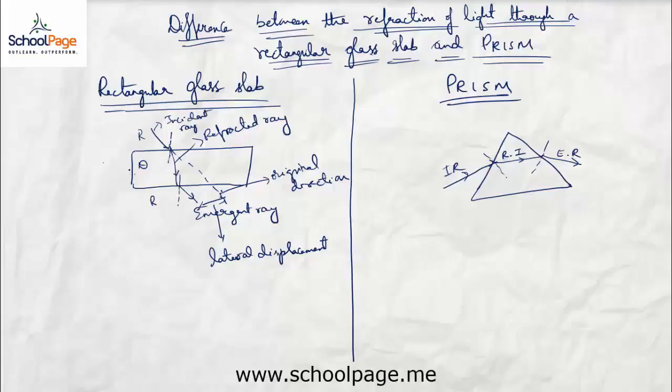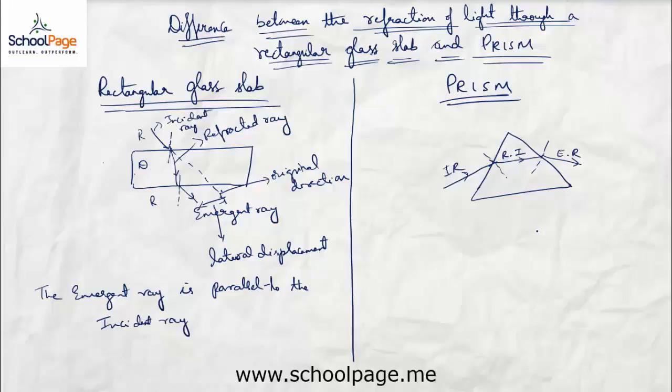So in case of refraction of light through a rectangular glass slab, the emergent ray is parallel to the incident ray.